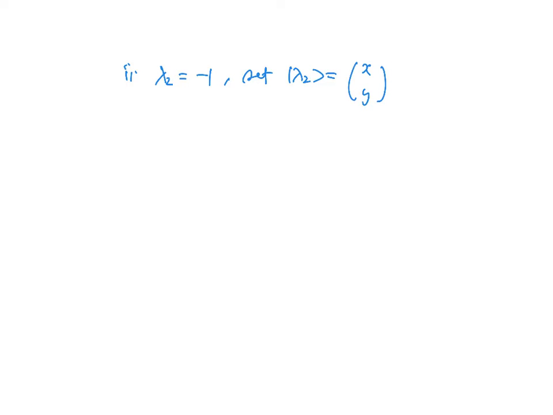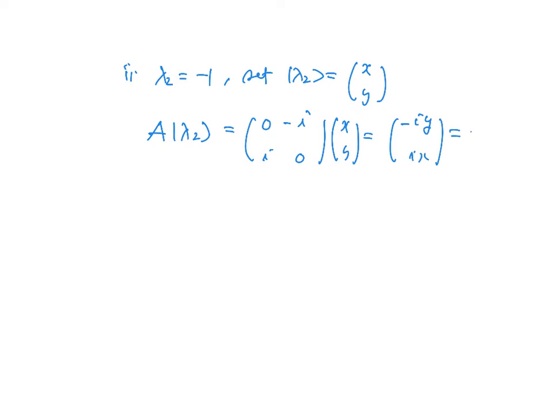So A times the vector (0, -i; i, 0) times (x, y) is (-iy, ix), which is minus (x, y), right? So this confirms that y is minus ix.